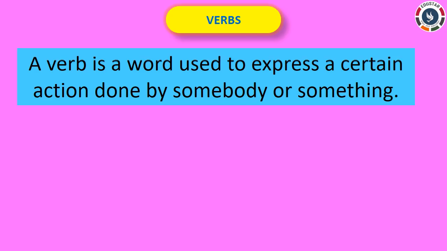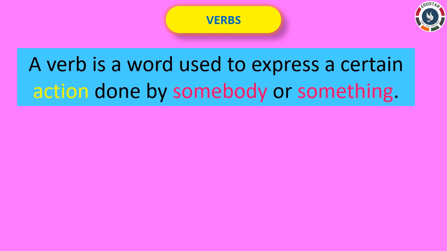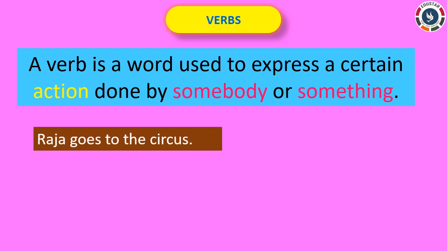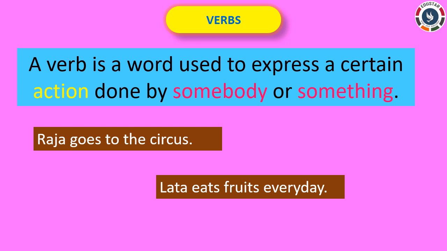A verb is a word used to express a certain action done by somebody or something. For example, Raja goes to the circus. Lata eats fruits every day. In the first sentence, the action word is goes.